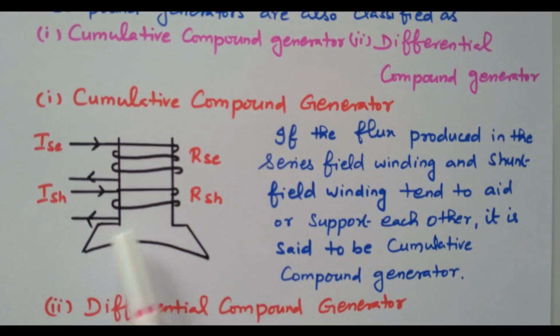So it is cumulative, both will be added together. If the flux produced in the series field winding and shunt field winding tends to aid or support each other, it is said to be a cumulative compound generator. Because of the same current direction, both fluxes will be added together. So that is called a cumulative compound.